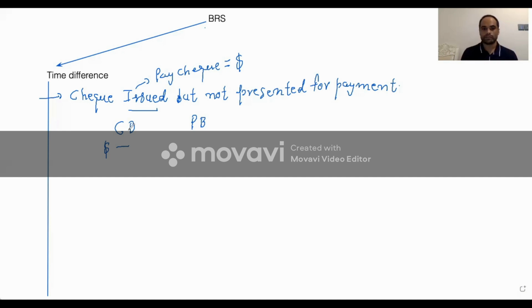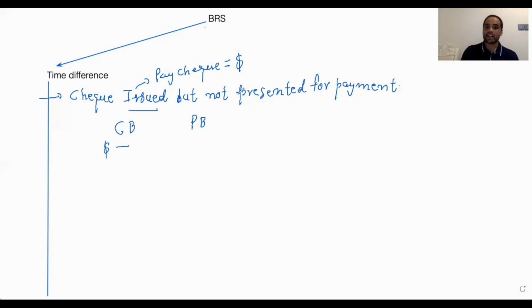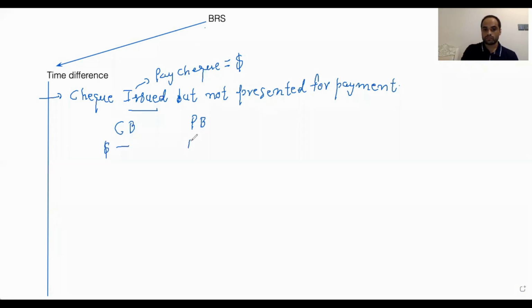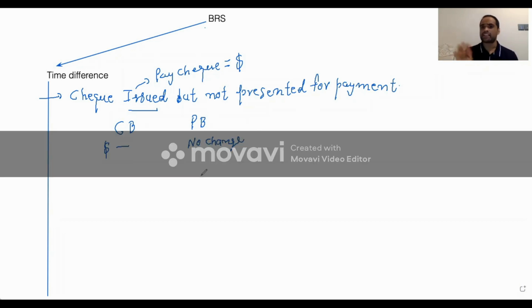Your money is out. But money will not be out from your bank account right now. As I said, it's a time-consuming process. So today, at the same time, your cash book, money out. But your passbook, no change. No change means money not out from your bank account. Bank did not minus money.